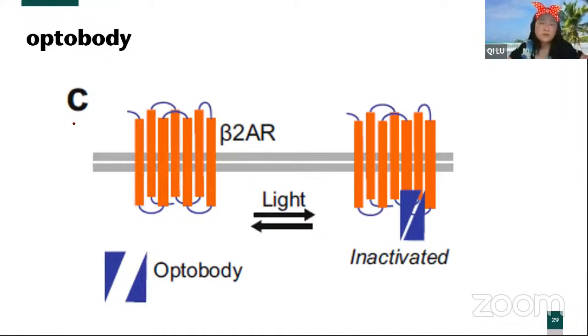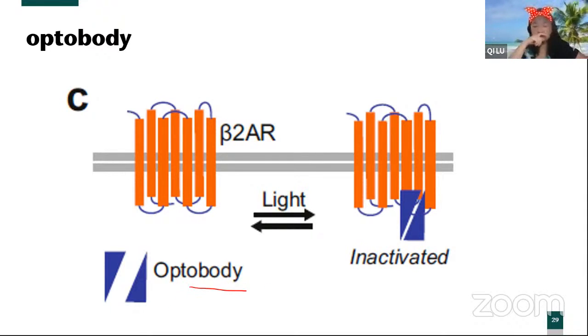Another is the optobody, and this experiment was published quite recently, in 2019. It's actually a binding recognition site using an antibody. With the light, the antibody forms a functional complex, and it binds to the G protein coupled receptor and causes this receptor to be activated, because the intracellular part is being covered by this optobody.